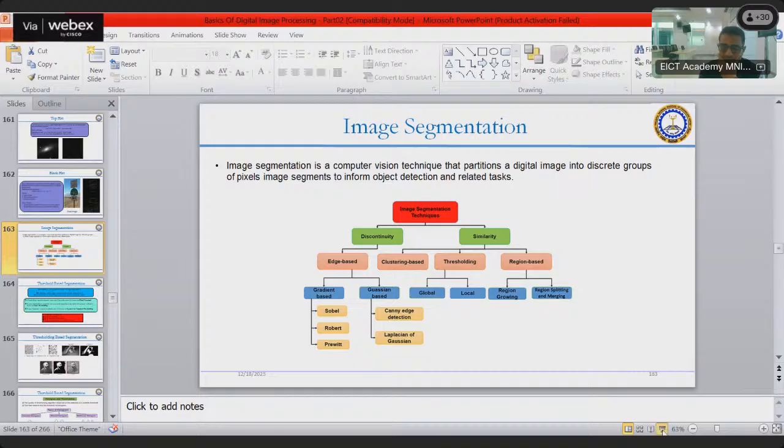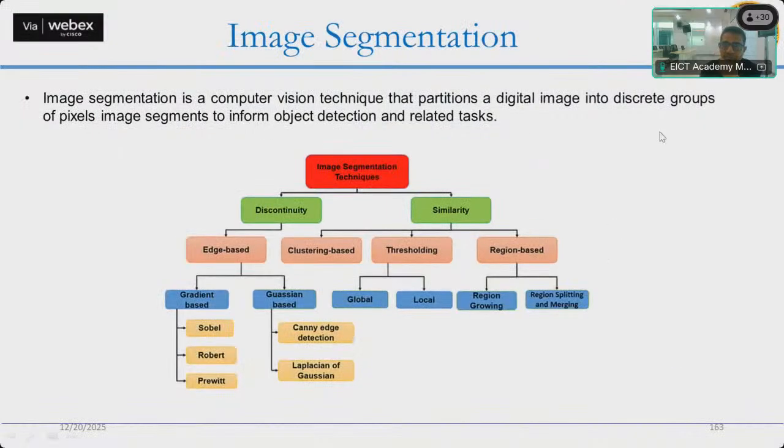Now what we will see is image segmentation. Image segmentation is a computer vision technique that partitions the digital image into discrete groups of pixels to inform object detection related tasks. Remember, whenever we are seeing any image, we not only see one object, but in one image we see many objects.